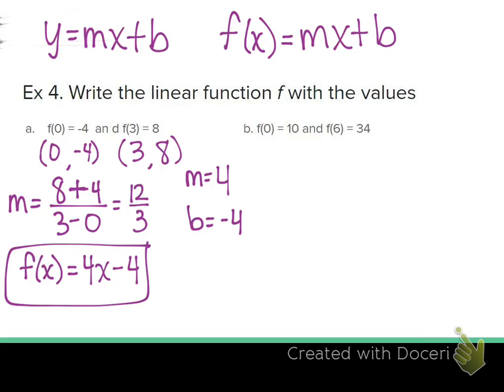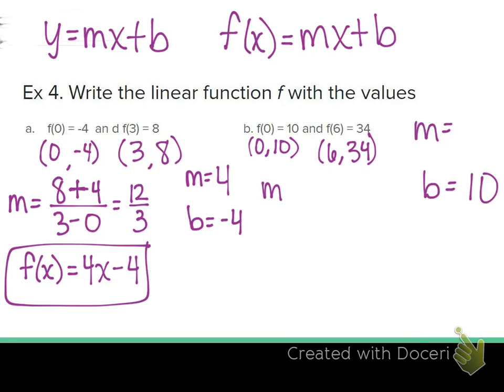All right, on letter B, we should have come up with the points 0, 10 and 6, 34. Good, that means our b or our y-intercept is 10 because that's the point that had 0 for x. We find our slope by taking the change in y over the change in x.